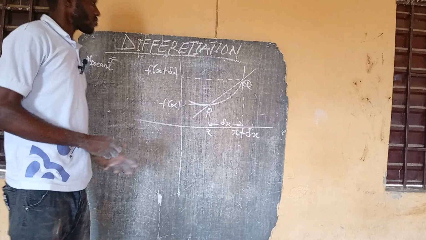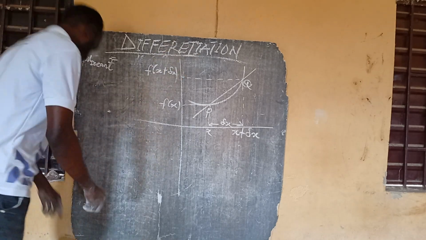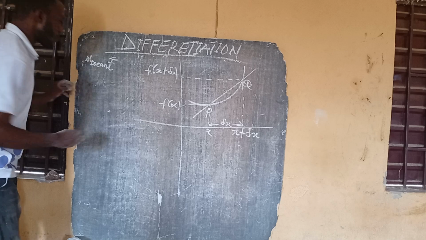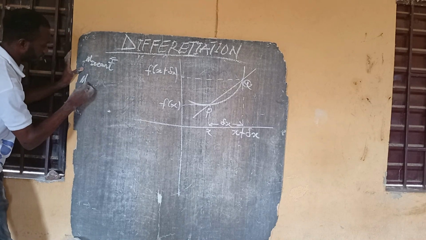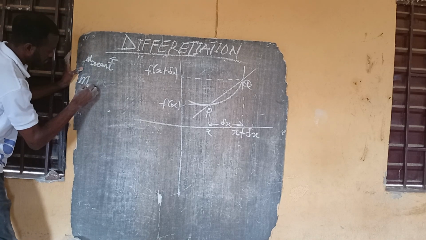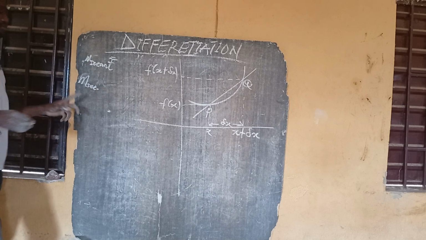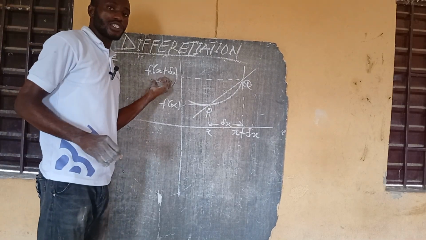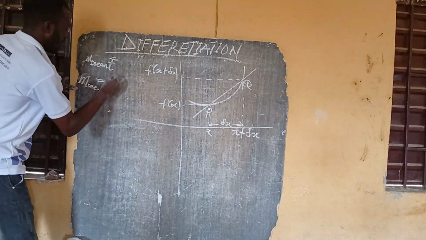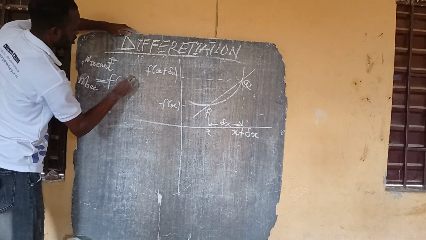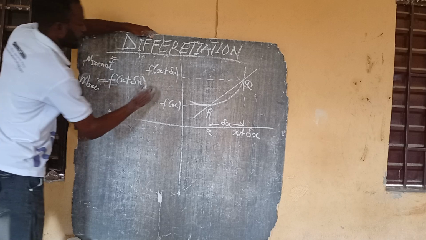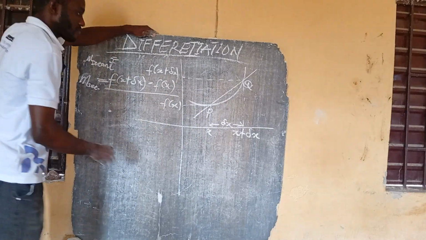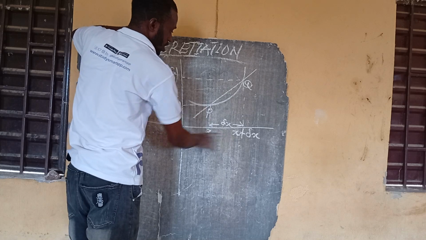Does this make sense? Now, if this be the case, then we know that the slope of our secant, m secant, which I shorten to sec, is going to be the rate of change of the y-axis, which is f of x plus dx minus f of x, all over the change in x.